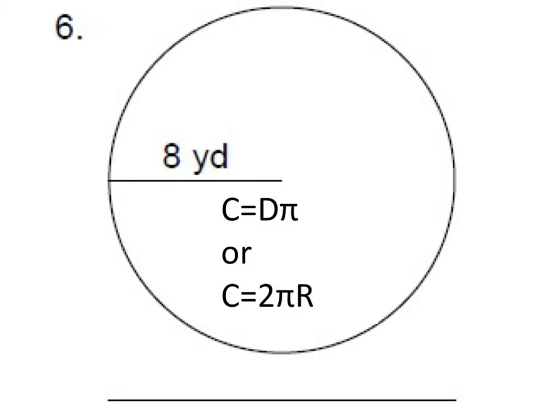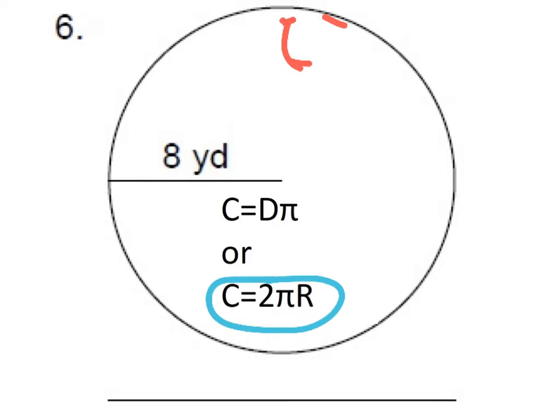Okay, so now here's the next problem. And as you could have guessed it, it's a radius problem. So I'm going to give you about a minute or 30 seconds to complete this on your own. Okay, so you should have used the circumference equals 2 pi r.